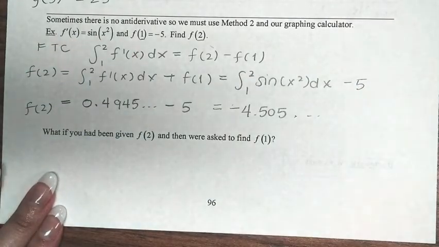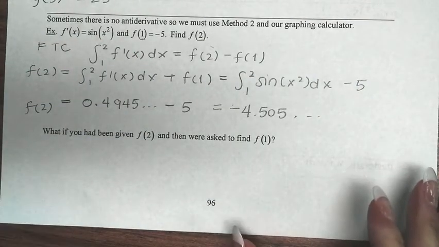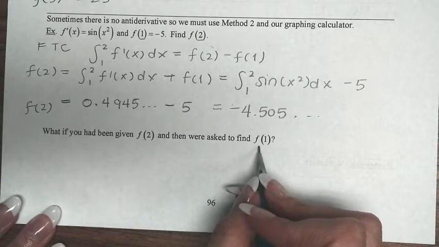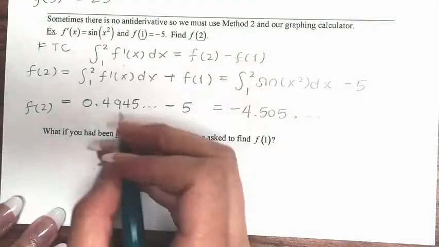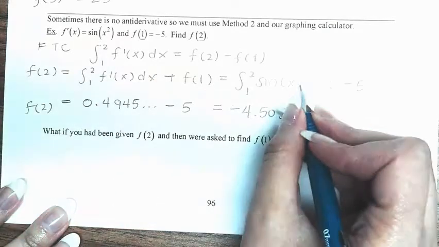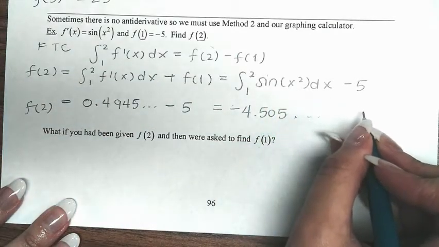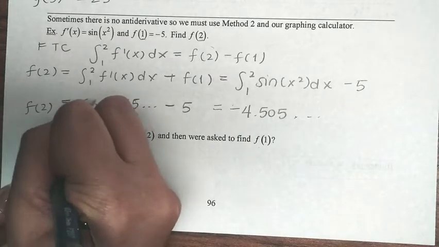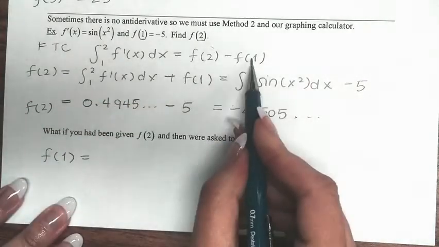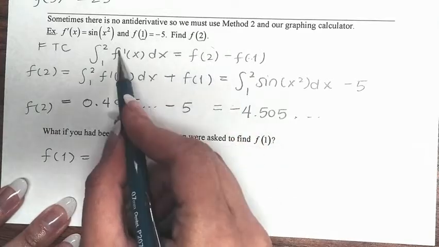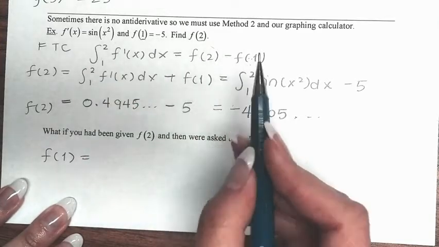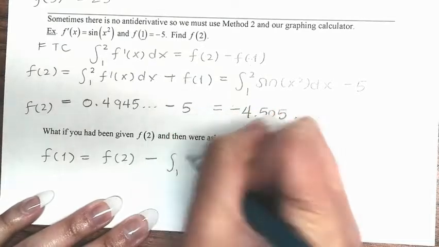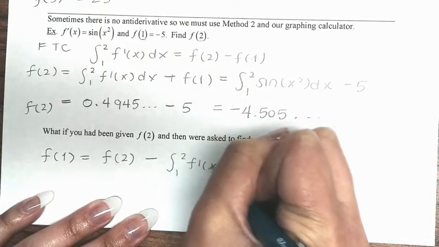Now here the question is, what if you had been given f of 2 and then asked to find f of 1? Well, the fundamental theorem of calculus that we have over here would not change. The only thing that would change in this situation is that I want f of 1, so I would need to move f of 1 to this side and then the integral to the other side, having something like this, f of 2 minus the integral from 1 to 2 of f prime of x dx.